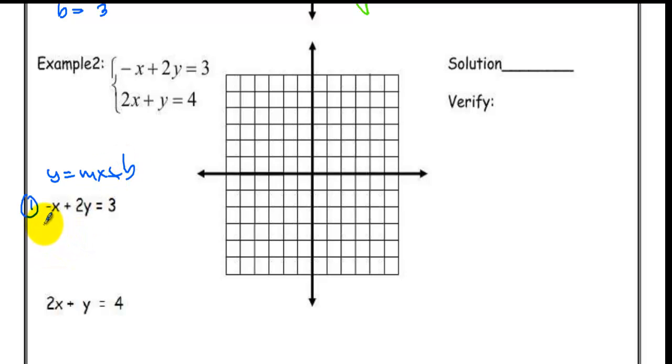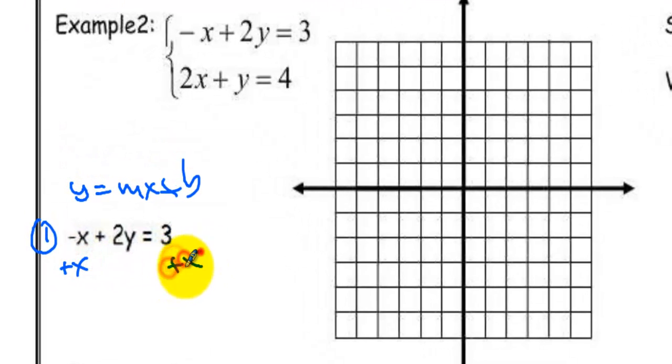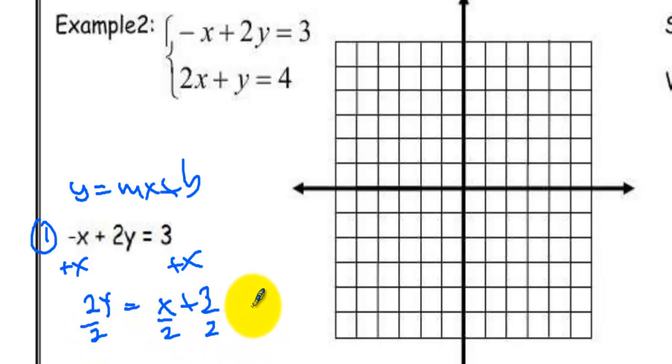First I will add x to both sides. We'll have 2y equals 3 plus x. It's better for us to write this as x plus 3. And divide by 2. So our y is equal to 1/2 x plus 3/2.